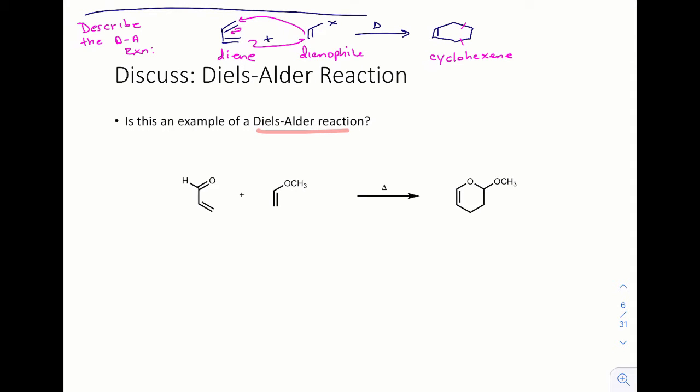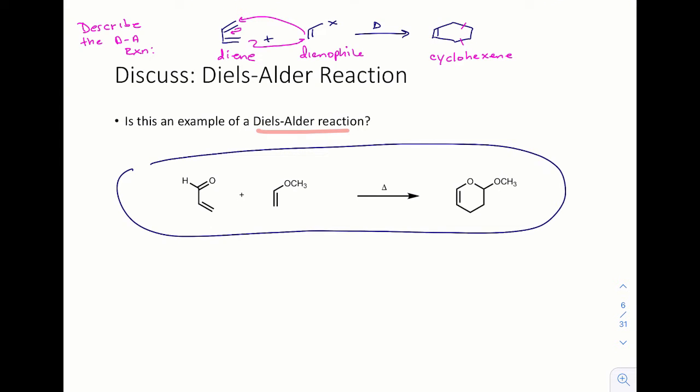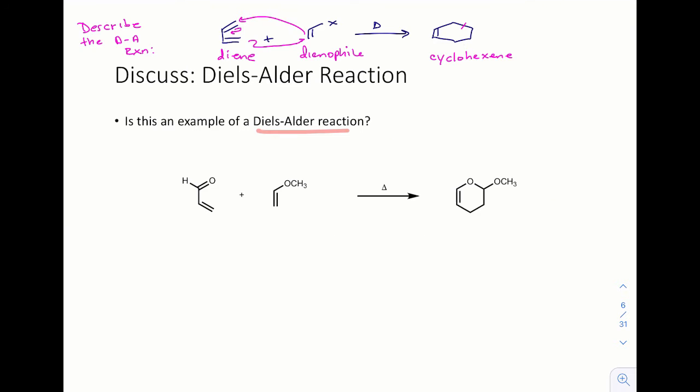I've written a possible description of the Diels-Alder reaction based on what we have already discussed here at the top of the screen. Looking at this example below, it looks similar and different. Helpful, right? Well, we have an alkene, so we can imagine that this could perhaps be a dienophile. It could like dienes.